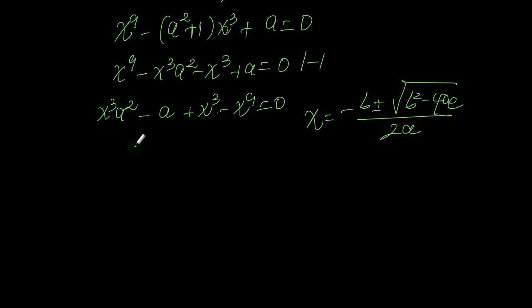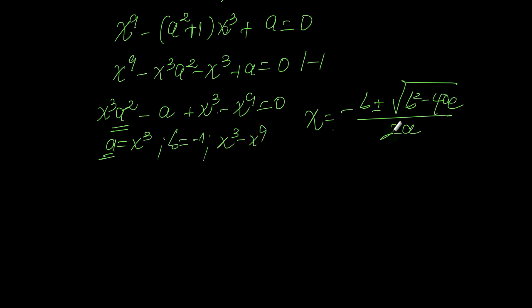So from here, let's consider that this a here is different from this a here. Our a in this quadratic formula would be x to the power of 3, and then our b is equal to -1, and our c is this one, x to the 3 minus x to the 9.